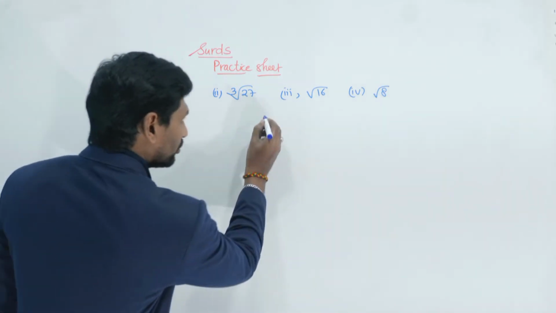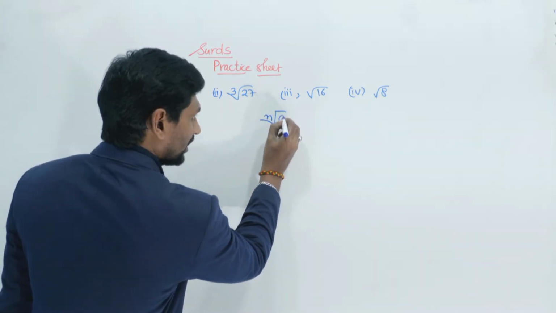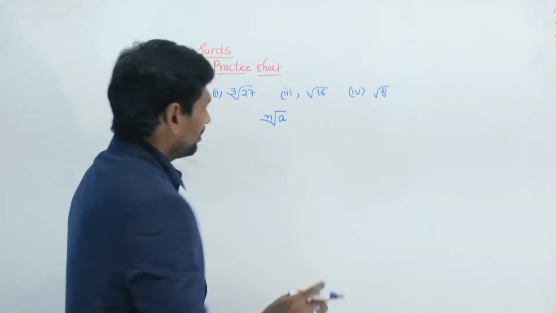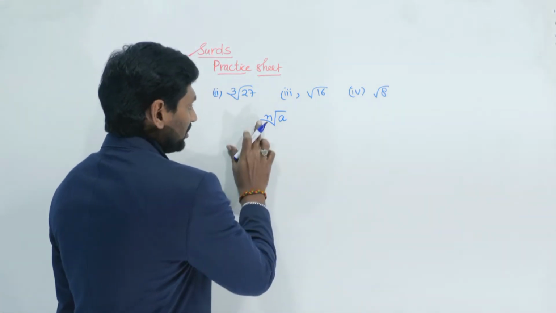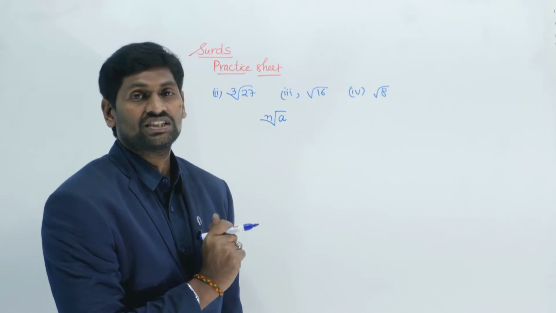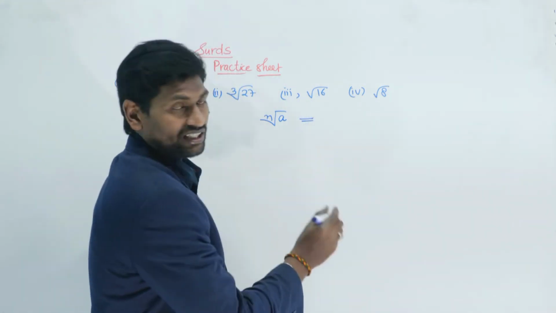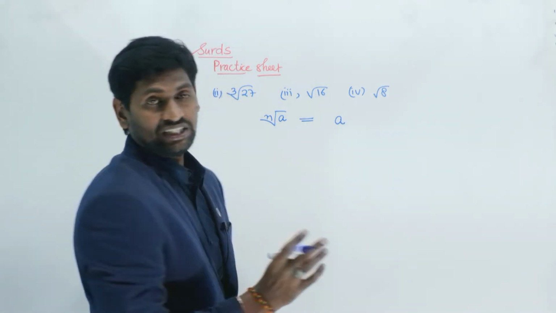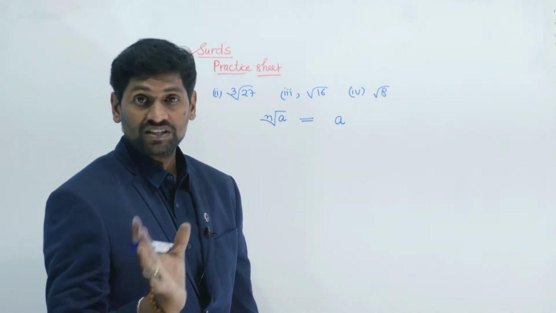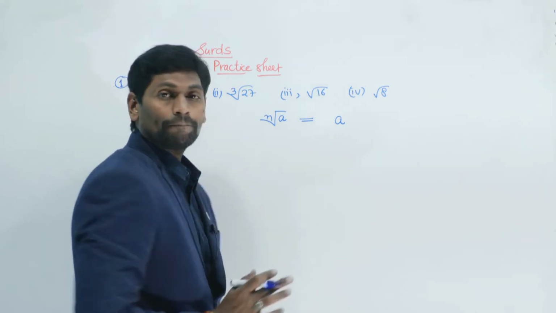That's why I told you, whenever nth root A, where n is a positive integer and A is a rational number, then we can say that it is a surd only when A cannot be expressed as a power of n.